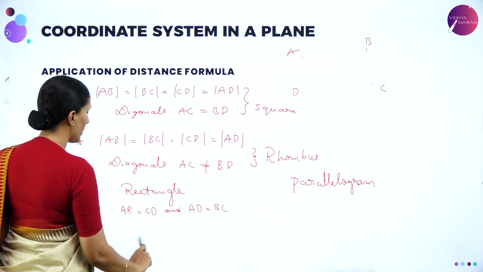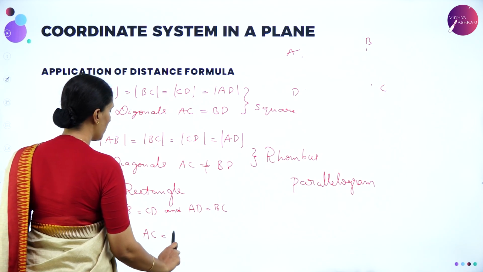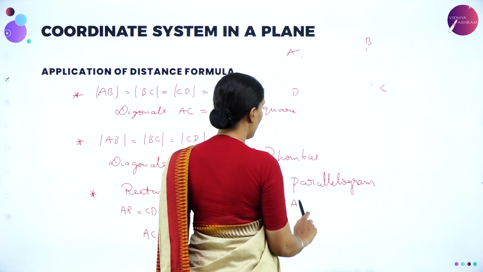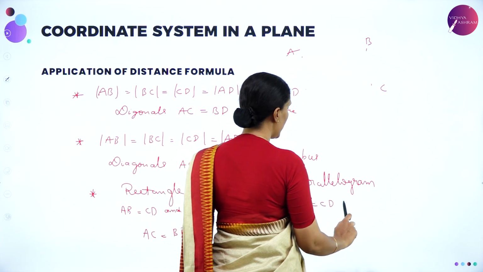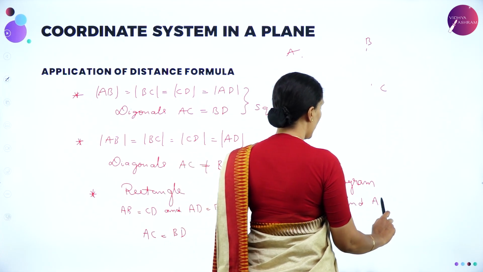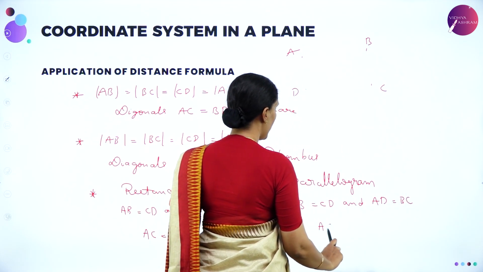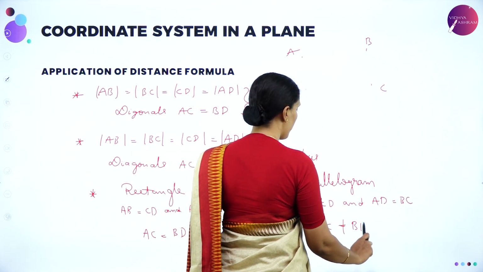Also, for a rectangle the diagonals are equal, AC is equal to BD. But for a parallelogram, opposite sides are equal, that is AB is equal to CD and AD is equal to BC, but the diagonals are not equal, AC is not equal to BD.